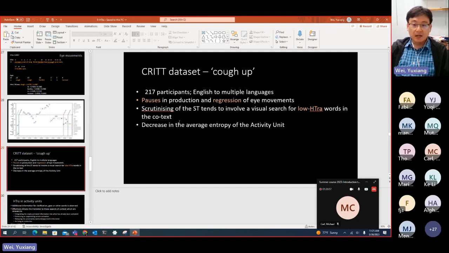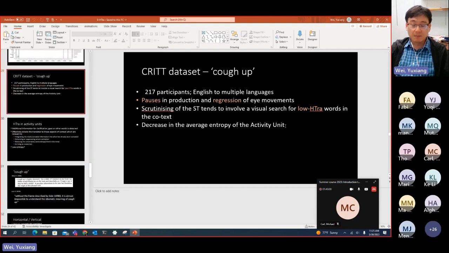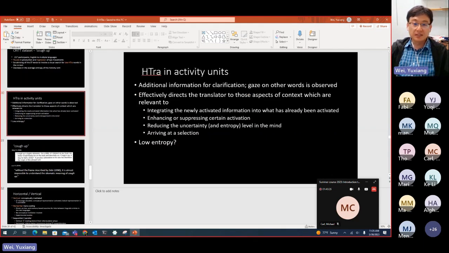And this is a decrease in the average entropy of the activity unit. We could probably say that all the theoretical discussion on entropy can be manifested in behavioral data as a decrease of average entropy in the activity unit, as well as a visual search for information carried by low HTra words in the co-text. So, activity HTra in activity units.